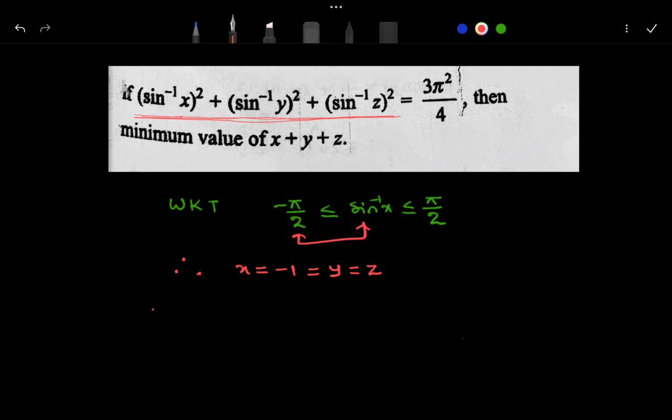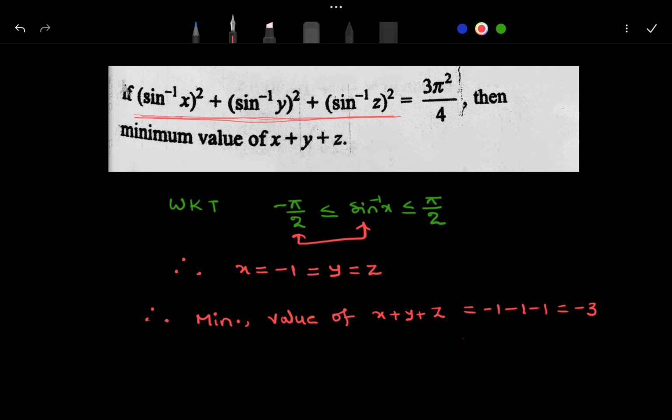Therefore the minimum value of x plus y plus z is equal to minus 1 minus 1 minus 1, which is equal to minus 3.